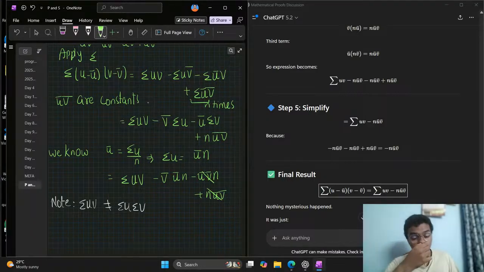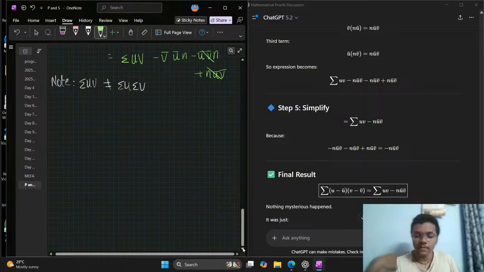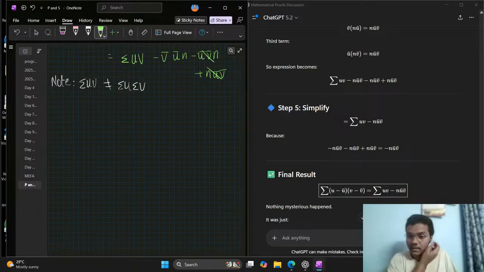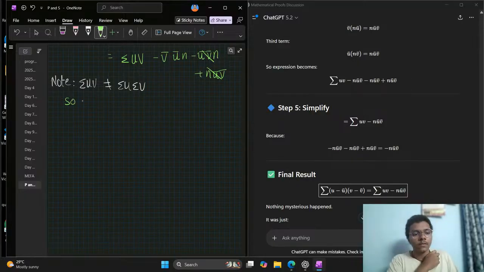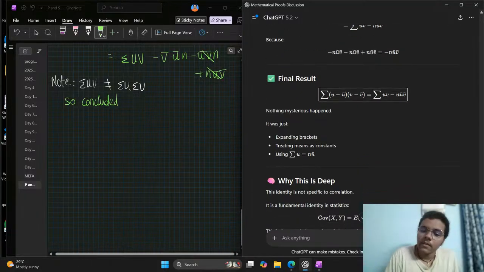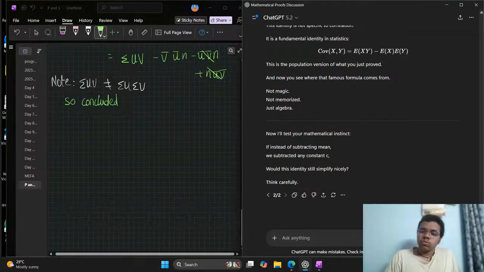I mean that might be very basic, but it is a silly mistake. And now we came to our conclusion. So concluded. Or you might write the classic hence proved as well. Fundamental identity of statistics.